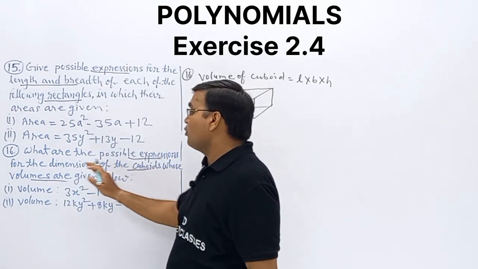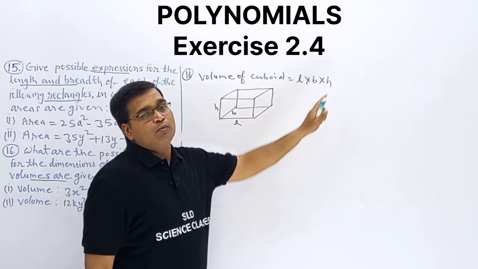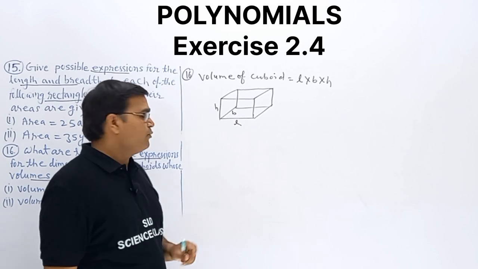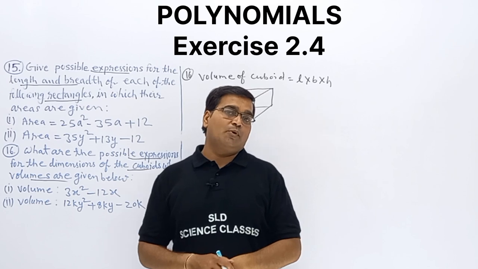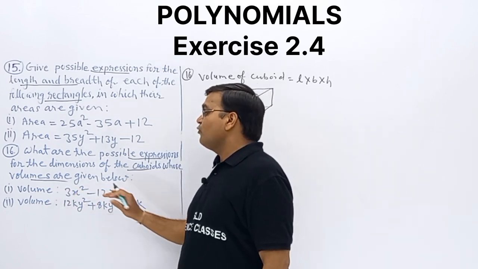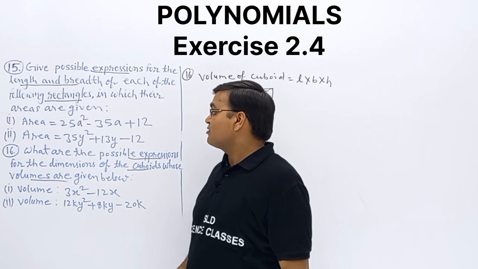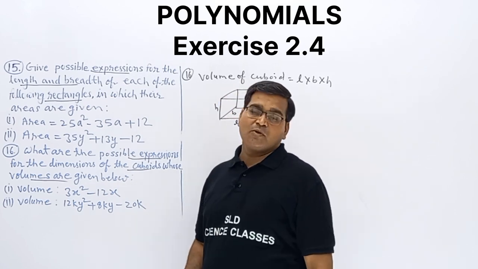So what is the volume of a cuboid? Length into breadth into height. It means whatever expressions we are having are showing volumes of a cuboid. We want possible expressions for the dimensions of the cuboid.